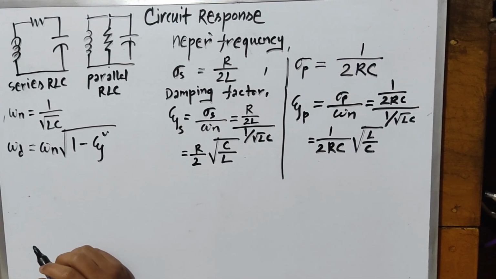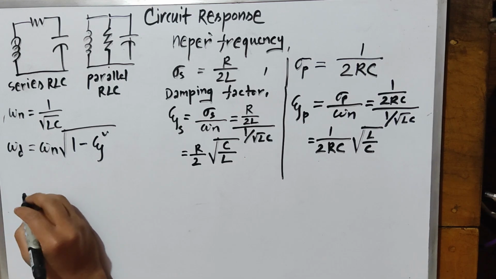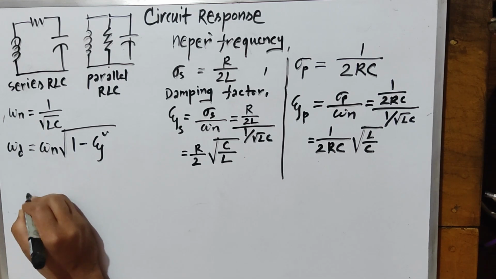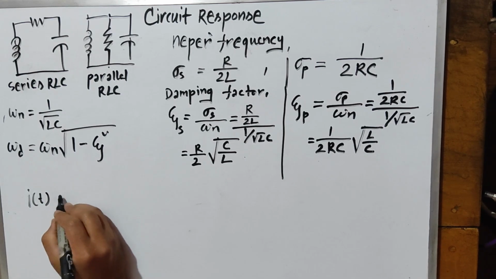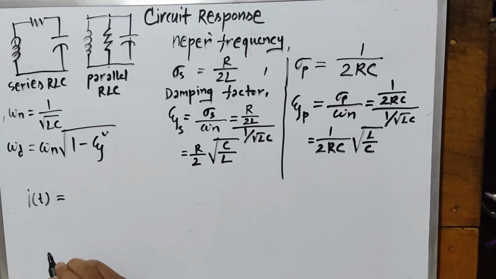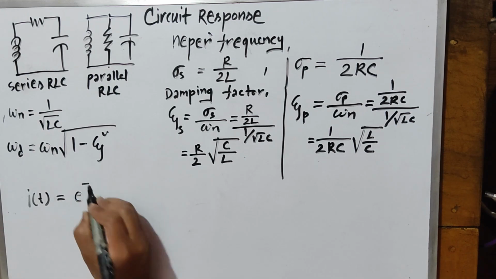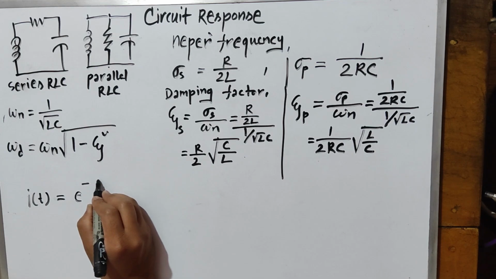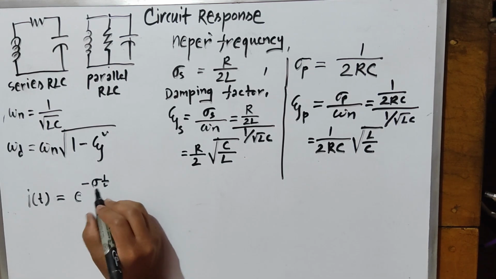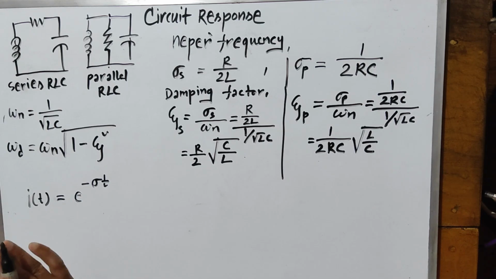In my previous circuit analysis video, when solving the current response of the series RLC circuit, I found the full response, IT, the loop current, equal to exponential minus, where the damping term will be replaced by the Napier frequency, the frequency at which the energy decays in the RLC circuit.